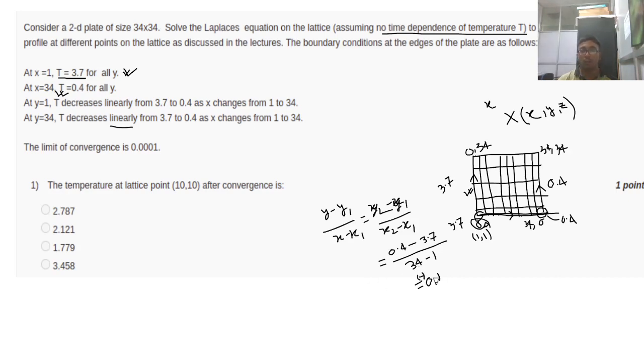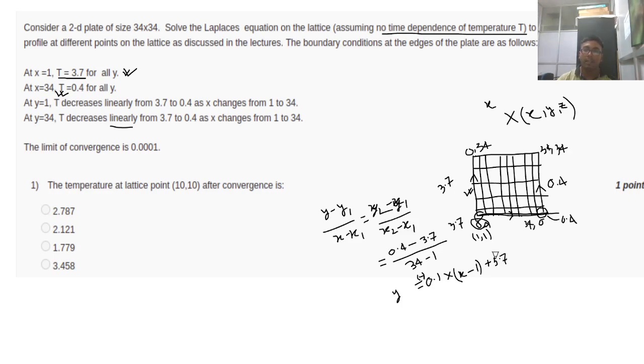So this will be the slope, and what will happen is y minus y1 equals slope times x minus x1. In this case you have to calculate y, so that will be essentially this into x minus x1, which in this case is 1, and with that you have to add y1, and y1 will be 3.7.